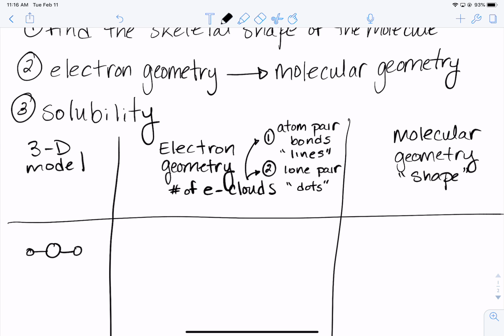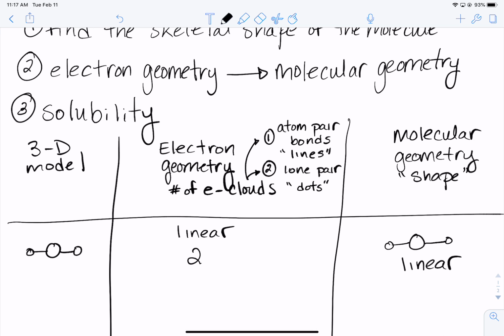Okay, 2 electron clouds. We call this linear. It has 2 electron clouds. And therefore, its electron geometry and its molecular geometry are identical. So it is also linear.